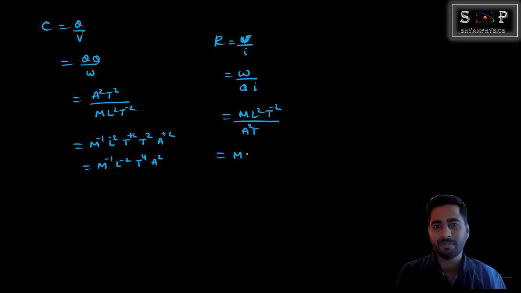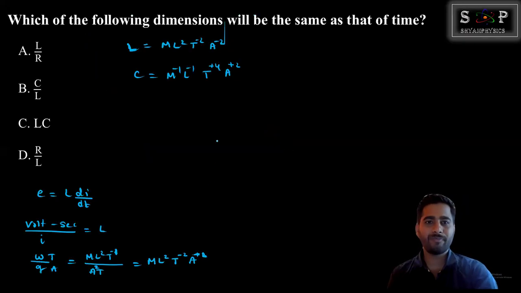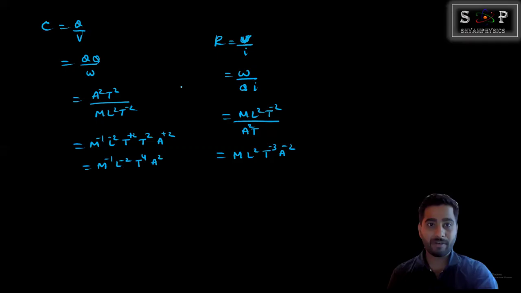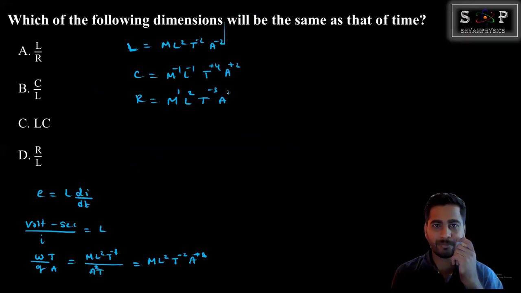So it will become m L to the power 2 t to the power minus 3 a to the power minus 2. Okay, we'll write that value for resistance: m to the power 1 L to the power 2 t to the power minus 3 a to the power plus 2.